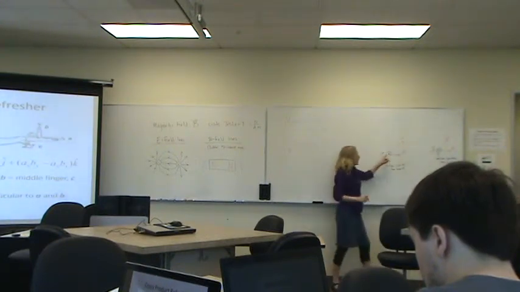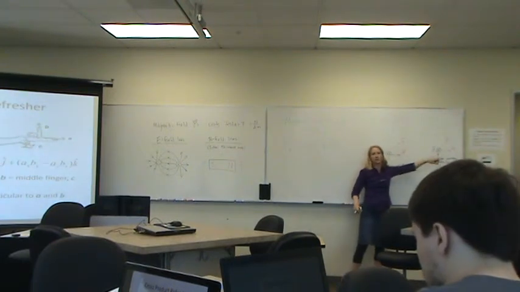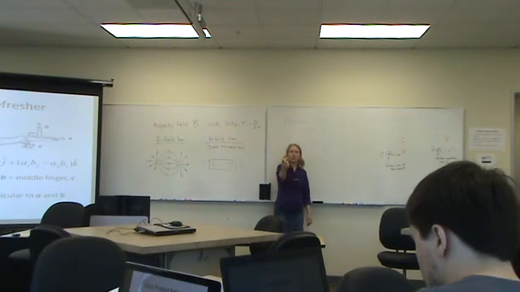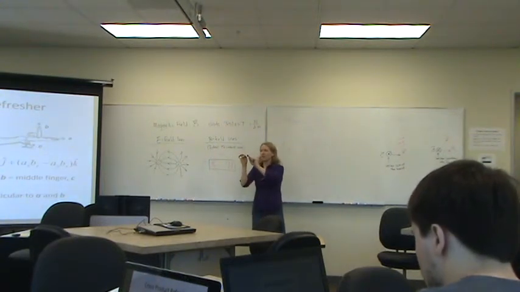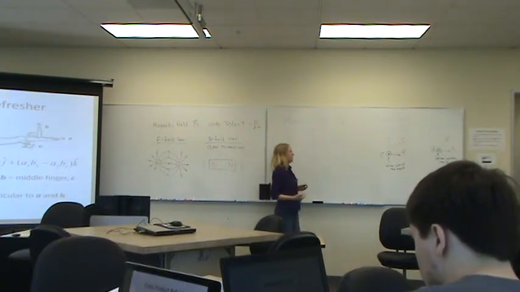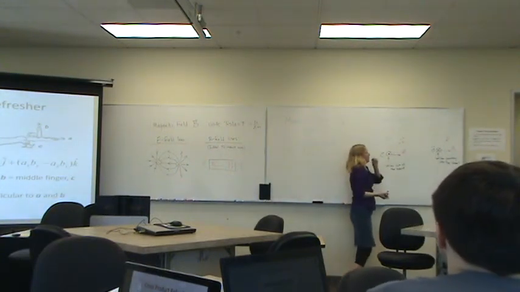So why the dot and why the cross? It's like an arrow. So a vector looks like an arrow. If you looked at an arrow on end, it looks like a point. And if you're looking at the back side of an arrow, you'd see the feathers, the fletchings. So it looks like a little X.